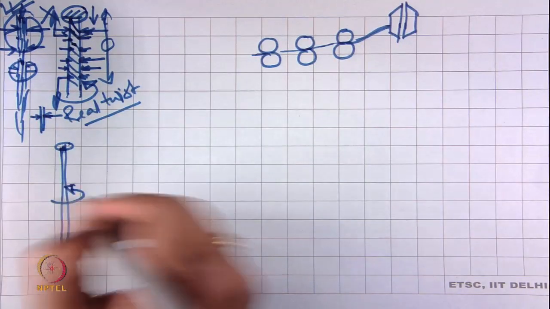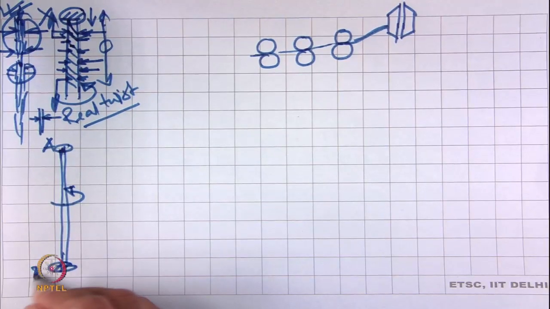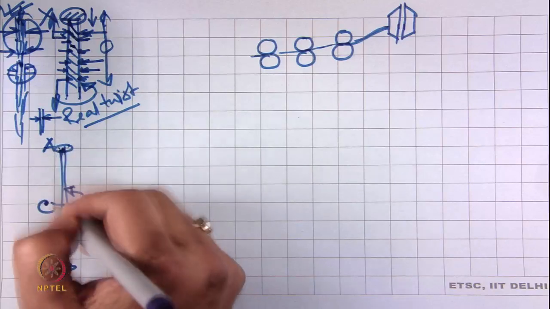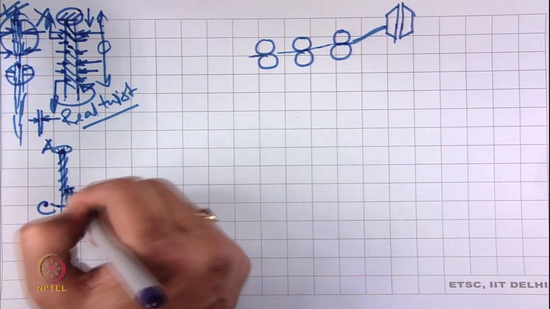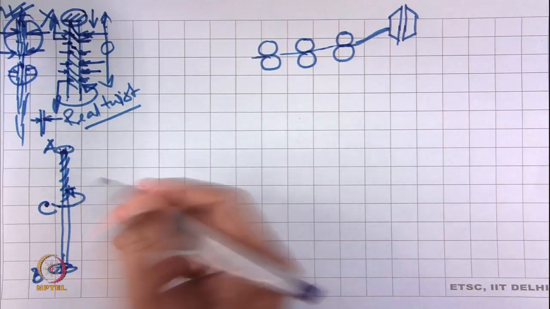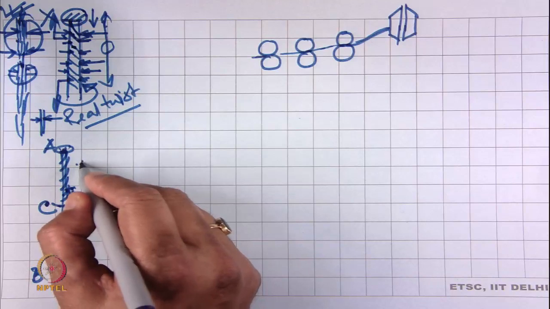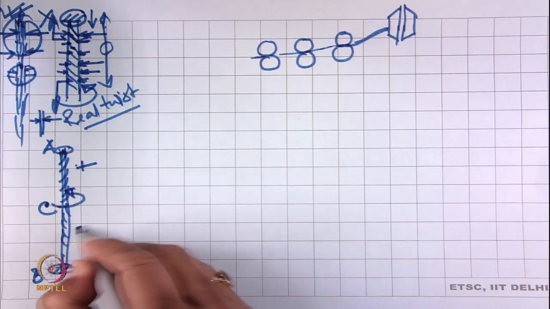Suppose A, B and we are trying to rotate at C. So, between A and C the direction of twist will be in one direction, say a positive direction, and on this side it will be a negative direction.